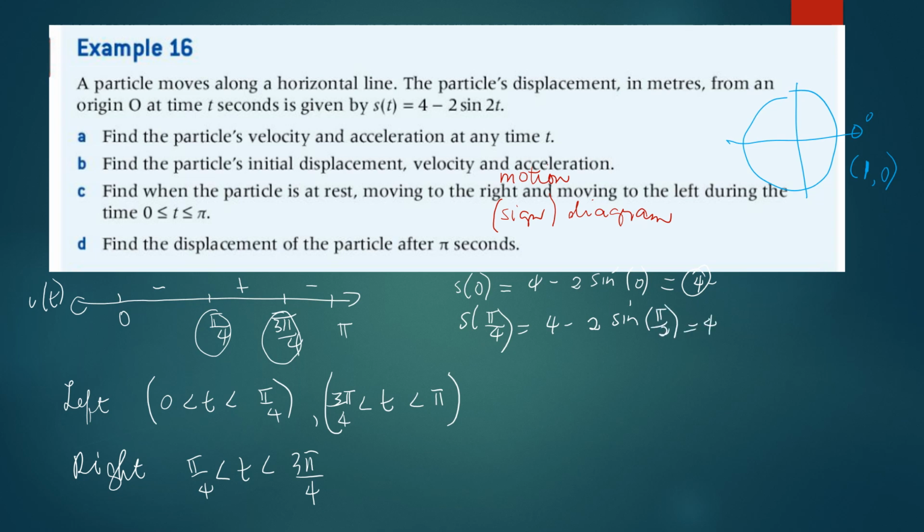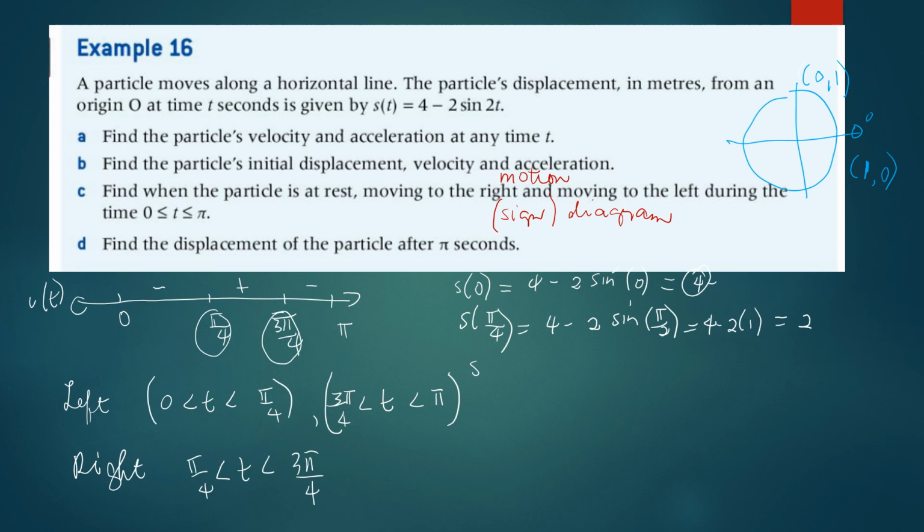So we have 4 minus 2. The sine here, our coordinates in here are 0 and 1. So we have 4 minus 2 times 1, which is equal to 2.